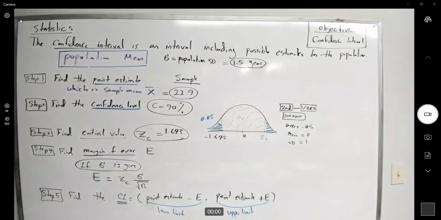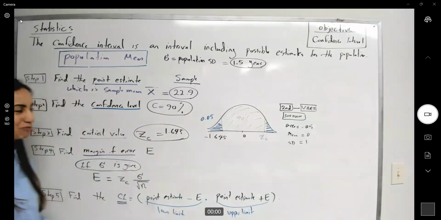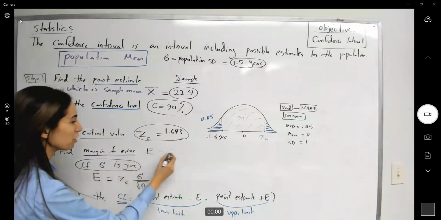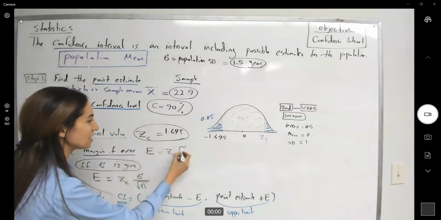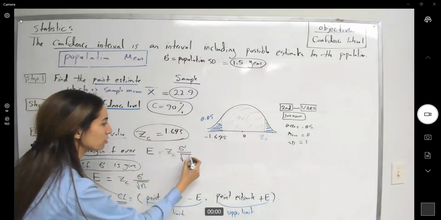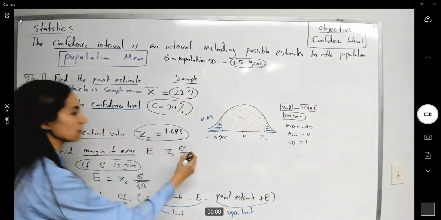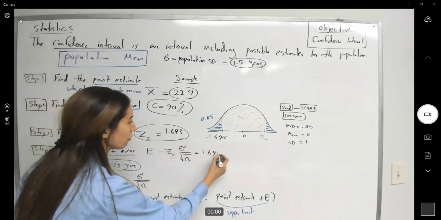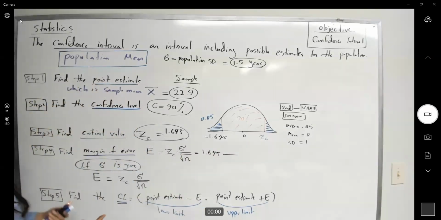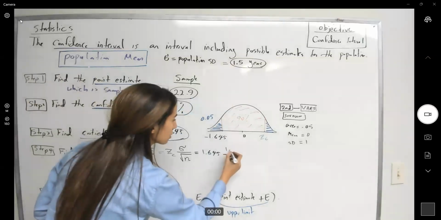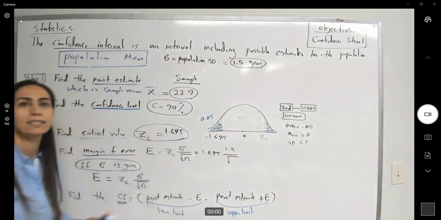Now we go to step 4. What is the margin of error? Since we have Z, we can find the margin of error, which is ZC times sigma divided by the square root of n. I have ZC, 1.645. I have sigma, 1.5 years. Divided by the square root of n.